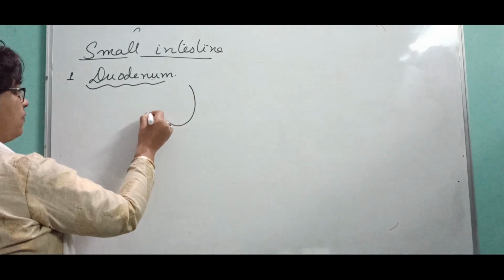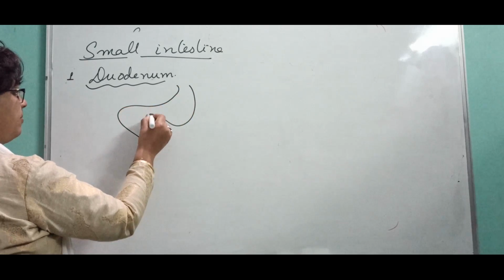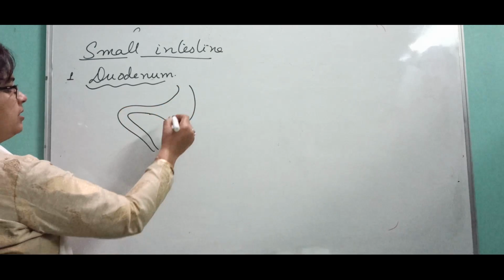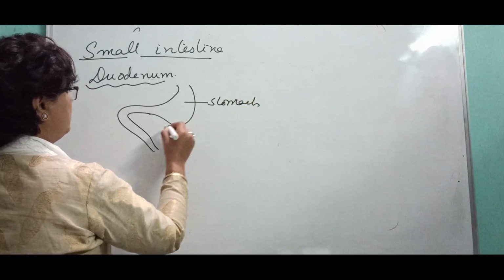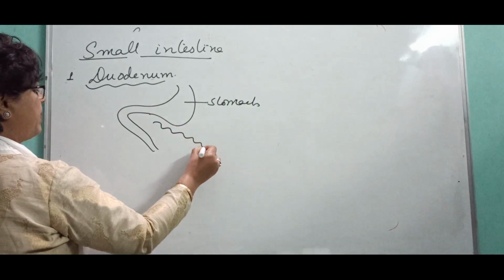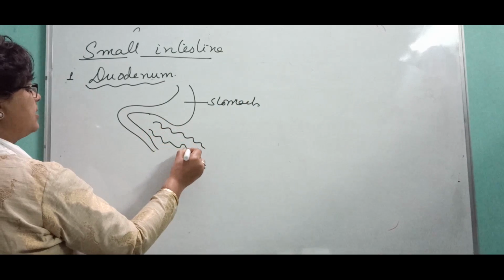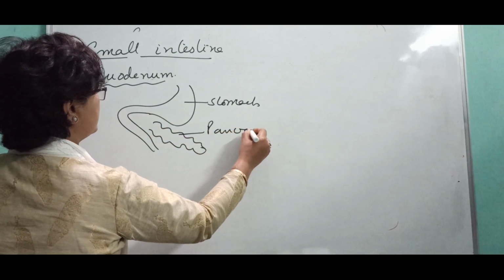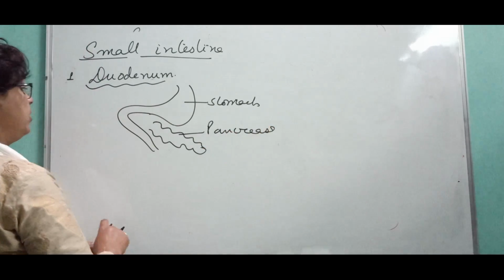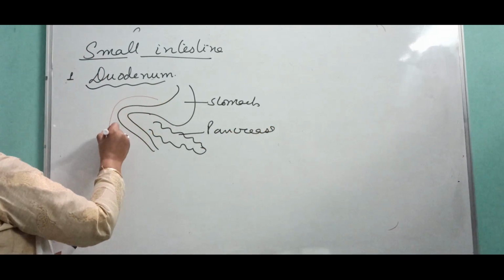This is the stomach. For your easy reference, I am making a very short diagram. This part is termed stomach, and we know that the pancreas is here. This is a gland, the pancreas, and the liver part is here like this.